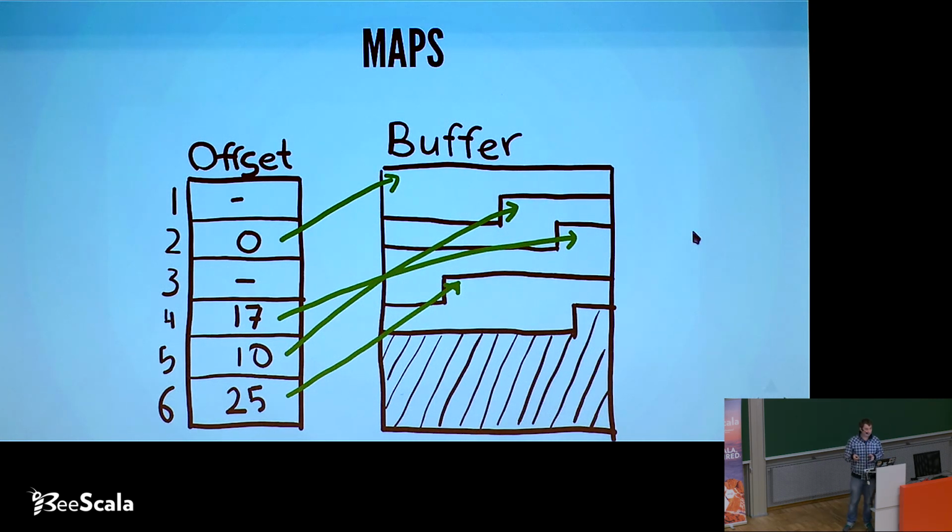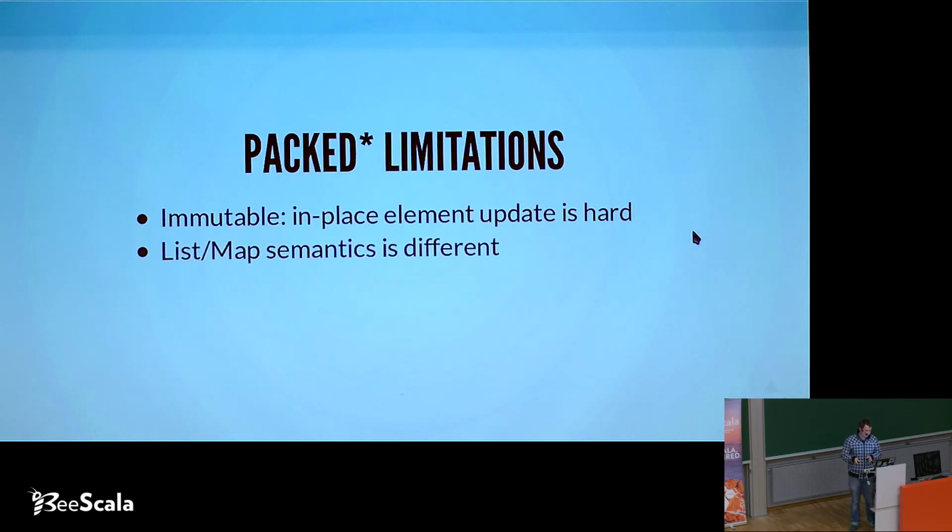But what if it doesn't fit? You somehow need to mark the space as free and then inject the element somewhere at the end, and most probably then you need to collect some free space and do garbage collection there. So we decided not to do it. Currently it's completely immutable, and if you decide to insert something there, it will rebuild the whole collection. So it's better not to use it as a mutable collection. Just build it and use it.